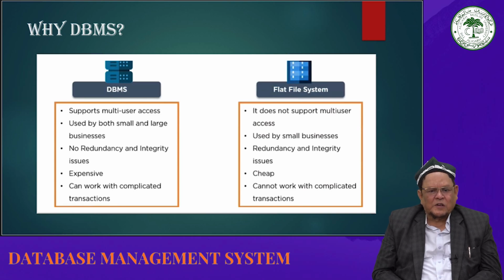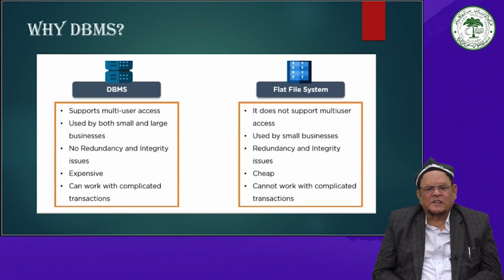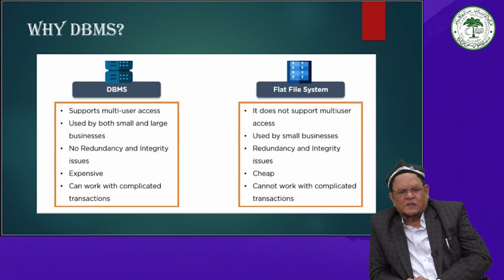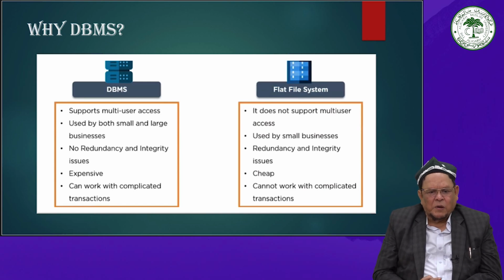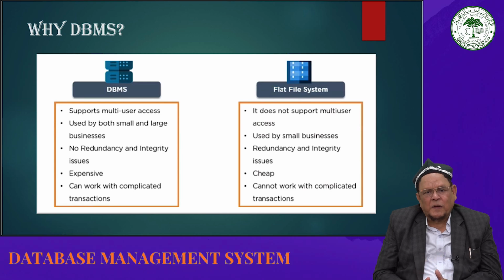A database management system, or DBMS, is like a digital guardian of your data. It provides a structured way to store, manage, and retrieve information, and also makes sure all the data is in the right place and easy to find. It means all books are placed in appropriate places. You are able to retrieve data, and you can store whatever you want.